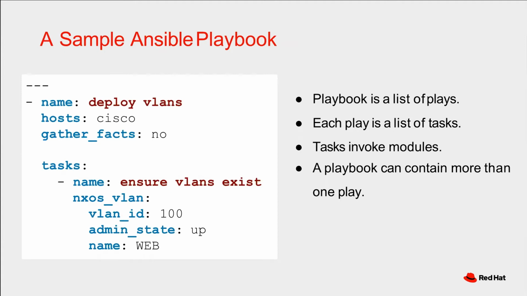We'll see in the exercises that gather facts is set to either no or false in all of the examples. And then we have the tasks, and each task has a similar format where we have a name, and then this nxos_vlan is a module, and these are module arguments.